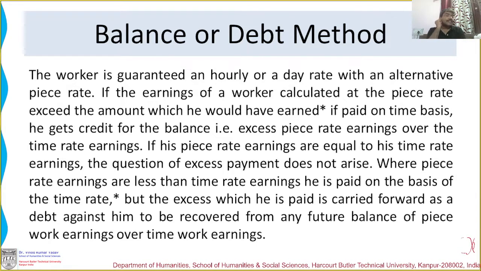If in future, whenever you earn more than 500 in a day based on the piece wage system, then this debt would be adjusted against that balance. So this way you are getting a minimum guaranteed amount, and if you are earning additional, you will get that additional.